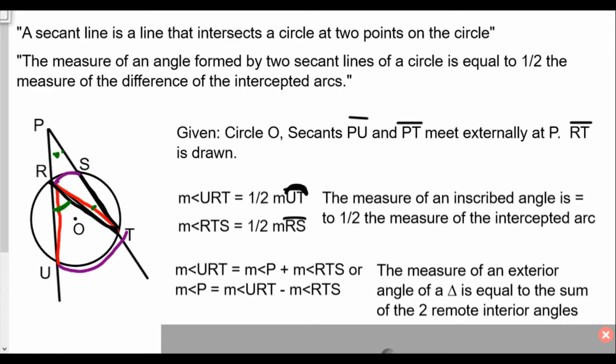Those two angles' measurements add together to equal the measurement of angle URT. Or if we move things around, the measure of angle P equals the measure of angle URT minus the measure of angle RTS. Our reasoning for this is that the measure of an exterior angle of a triangle is equal to the sum of the two remote interior angles.